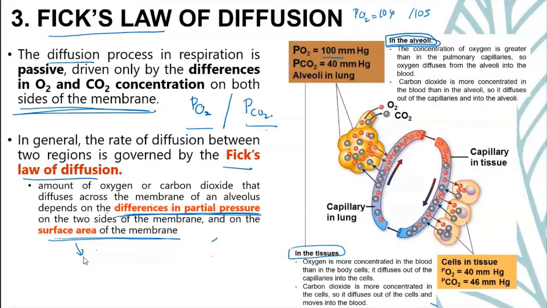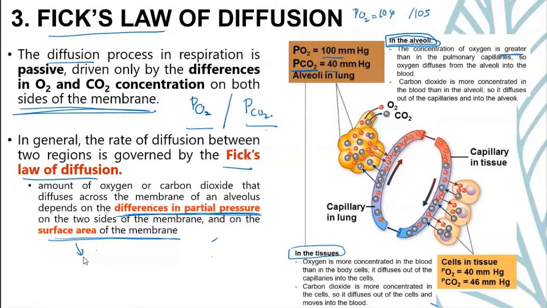It's the same. In the alveolus also the partial pressure of carbon dioxide is low, which is around 40 mm mercury.